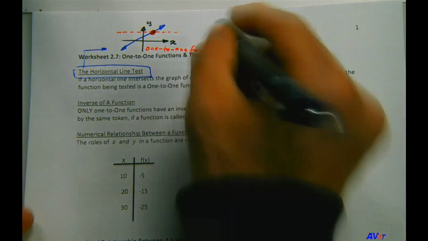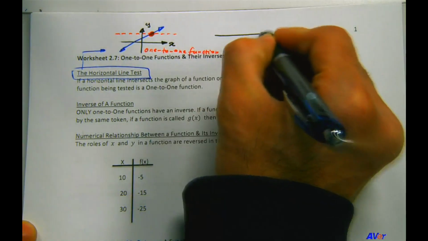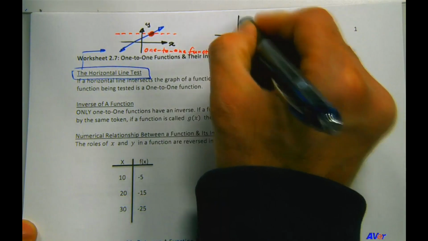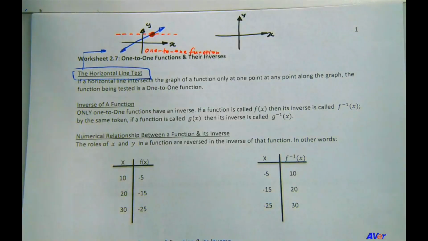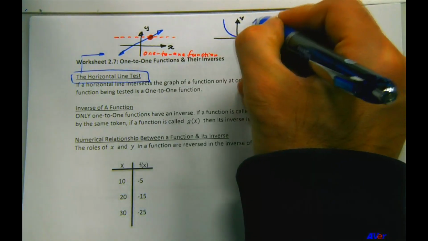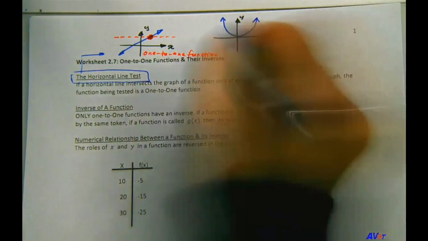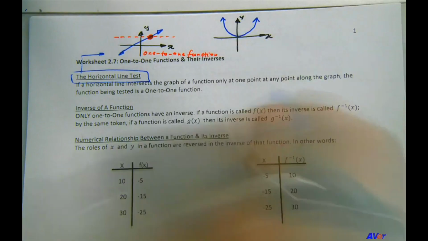Let's see an example of a function that is not a one-to-one function. You've seen this before. Suppose we have something like that, right? This is a quadratic function, the basic quadratic function.